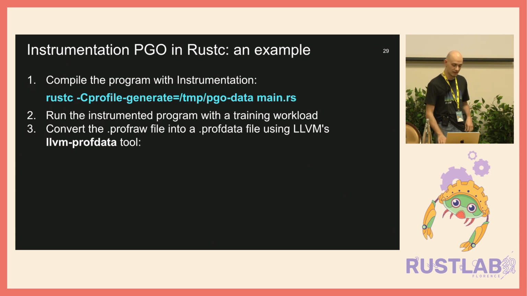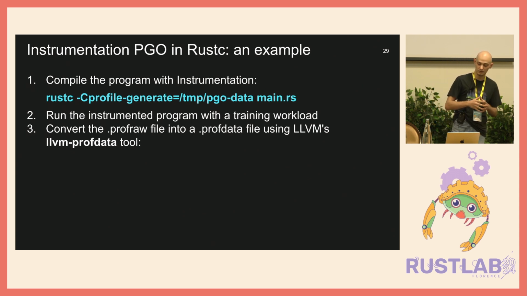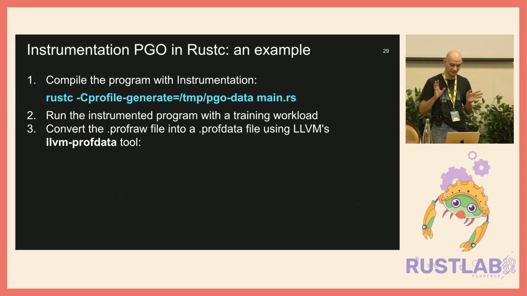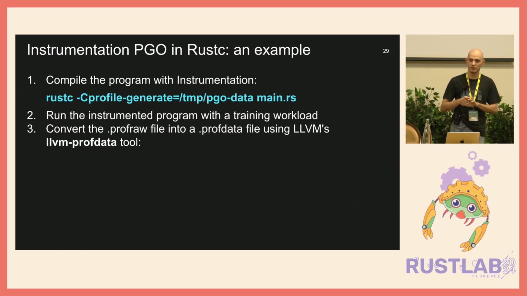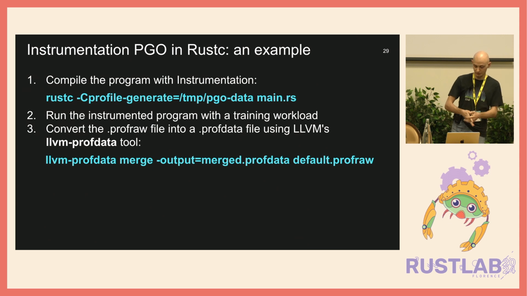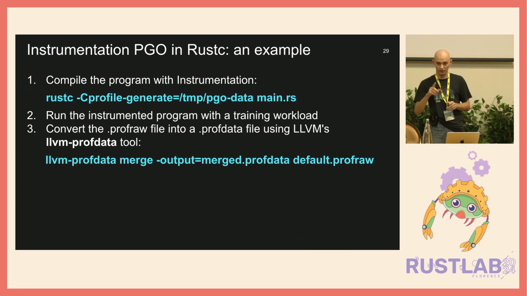Convert the resulting profile to the LLVM format, because your application will save counters to disk in one format, but the compiler requires another format, and you need to convert it. Luckily, there is a pretty handy tool called LLVM-PROFDATA, and you can use it in this way.